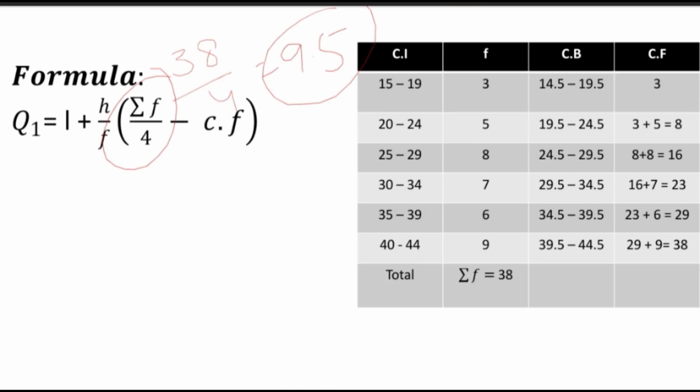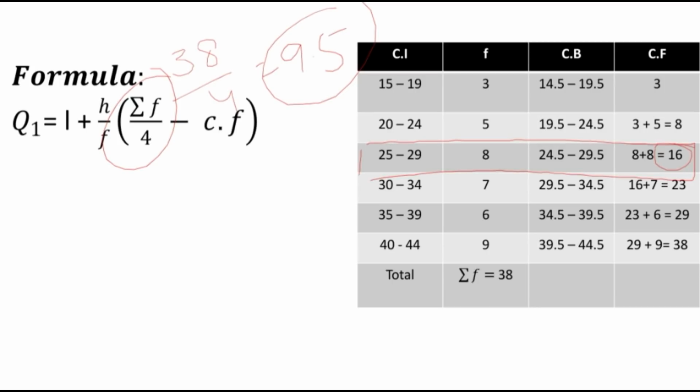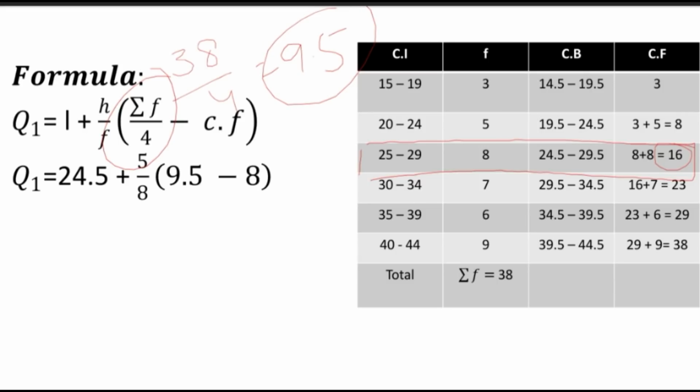Now locate where 9.5 lies. 9.5 lies in 16. So this is your Q1 group. Further, now how to find out? This is L, that is 24.5. H equals 5. This is frequency and this is cumulative frequency.